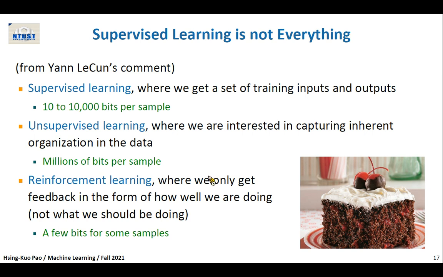Also, a lot of people work on reinforcement learning, such as playing chess. After we play for a few steps, we know who wins the game, so the only information after several steps is 1 or 0.